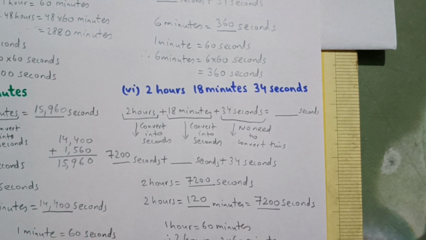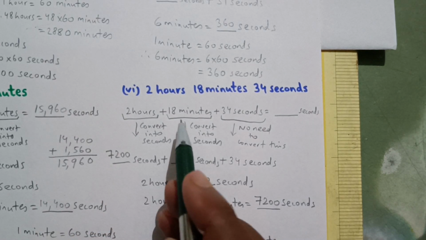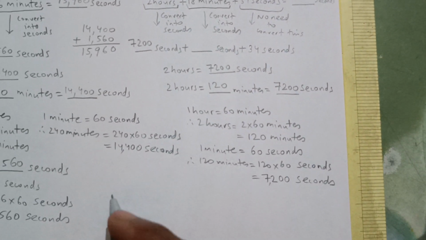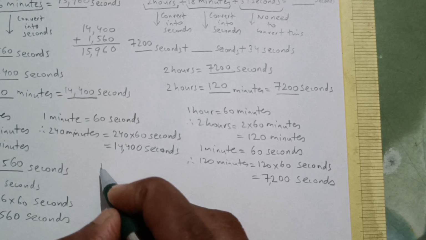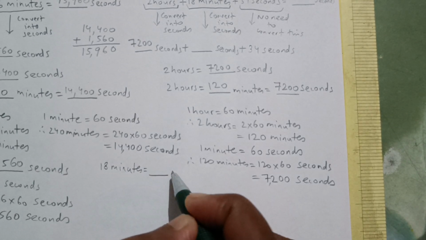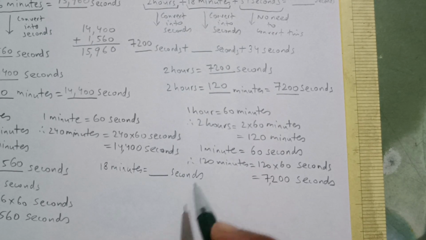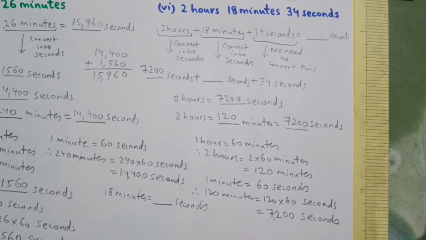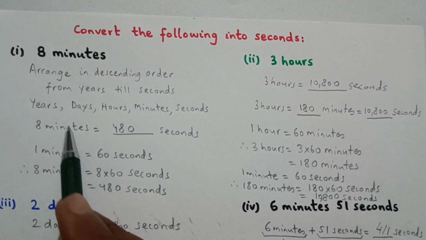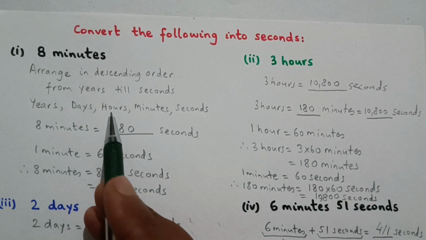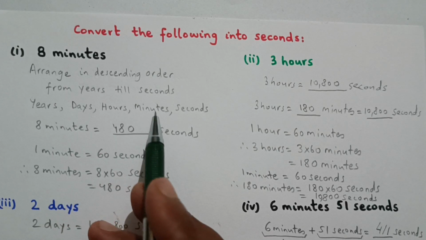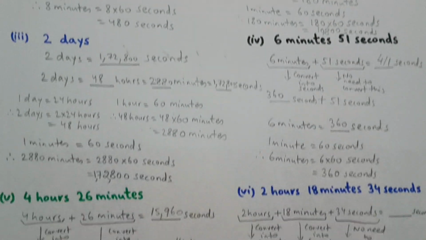And now we will convert 18 minutes into seconds. So 18 minutes is equal to how many seconds? Let us look at the descending order: years, then days, then hours, then minutes, and then seconds.